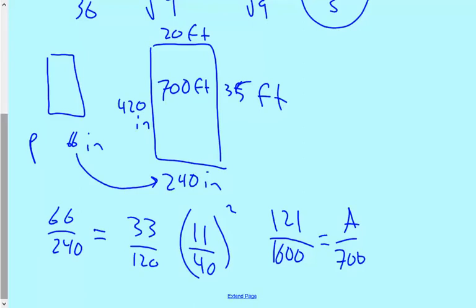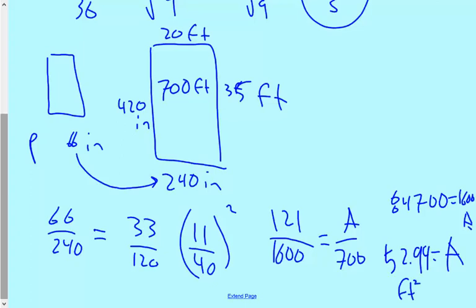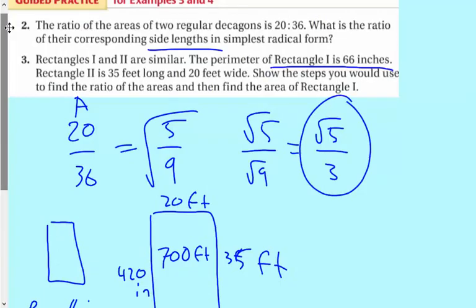Just doing some cross multiplying here. 84,700 equals 1600A. Divide by 1600, and my answer is 52.94, and this is square feet. So keep in mind, if they had said in square inches, I'd have to convert the 700 into square inches and then do that. But the book didn't say, so we're just going to leave it as that. Let me just double check here. Yeah, okay, cool, that works.